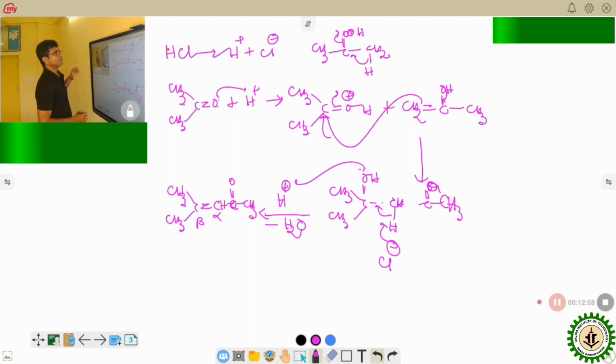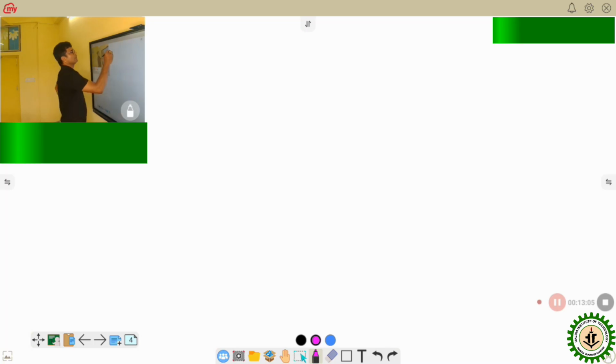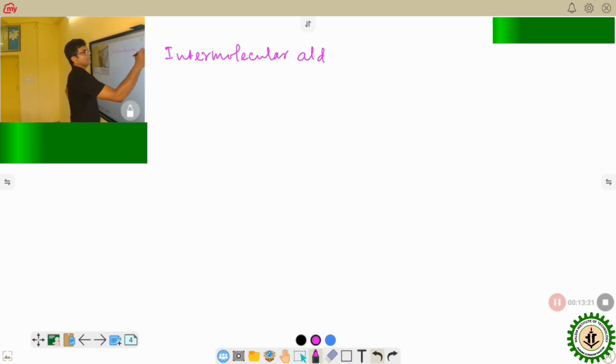Now this aldol condensation reaction can be of two types. One is called intermolecular aldol condensation reaction.